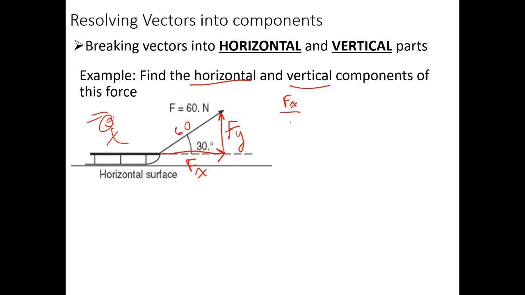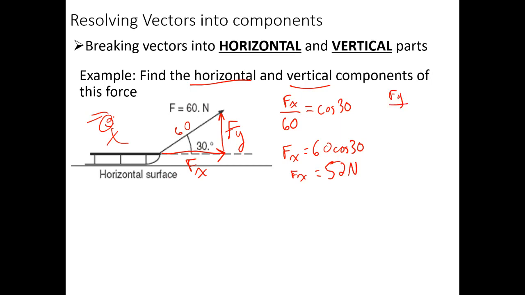If I do Fx over 60, that is my adjacent side over the hypotenuse, which is cosine of 30. If I multiply both sides by 60, I'll be able to find that my force in the x direction in this case would be 52 newtons.